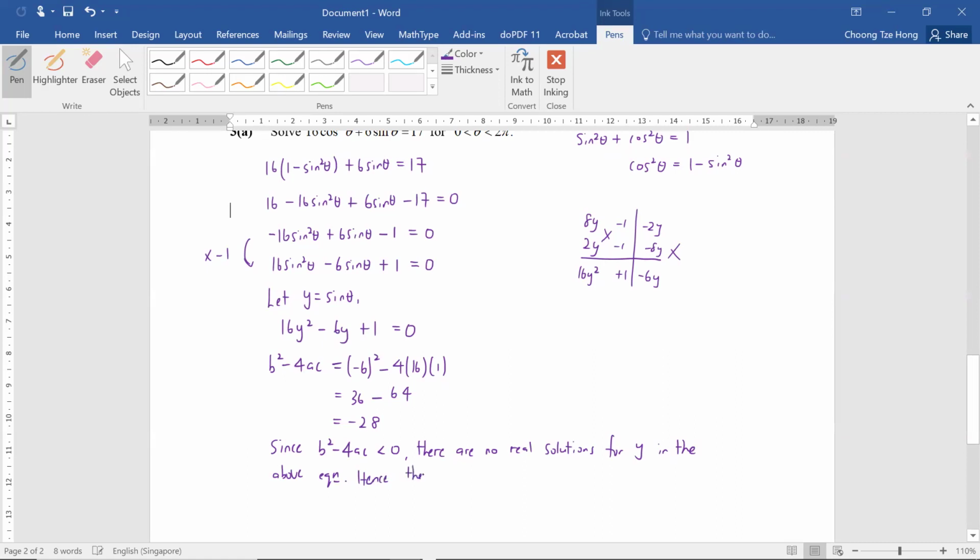Hence there will be no real solutions for theta as well. If there's no real solution for y, then sine theta equals something that has no real solution, so obviously there won't be a real solution for theta either.